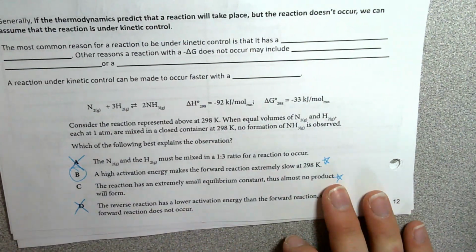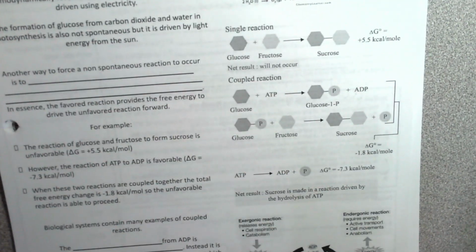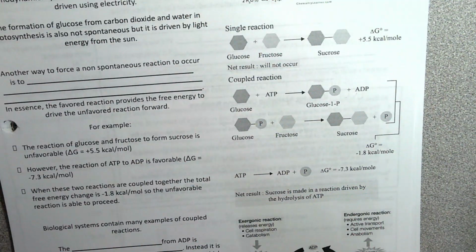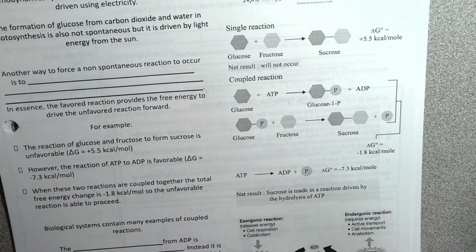All right. So something that we can do to provide a more favorable procedure is we can use coupled reactions. Coupled reactions use an external source of energy, such as electricity or a battery, that can be used to overcome Gibbs free energy and drive the reaction forward.